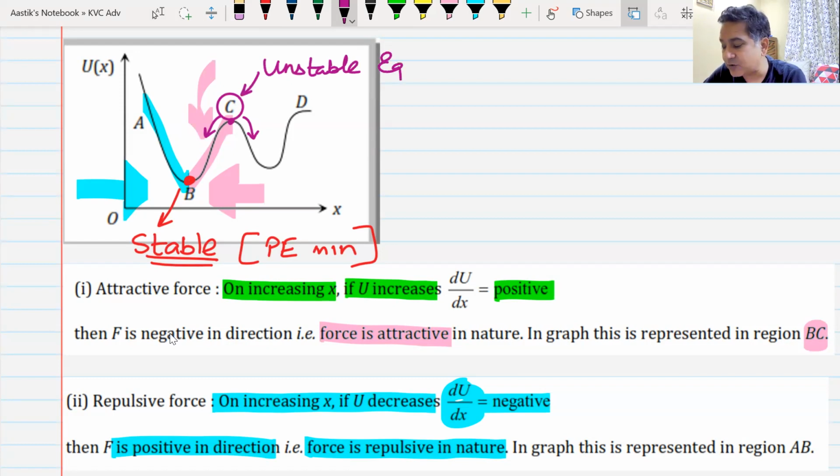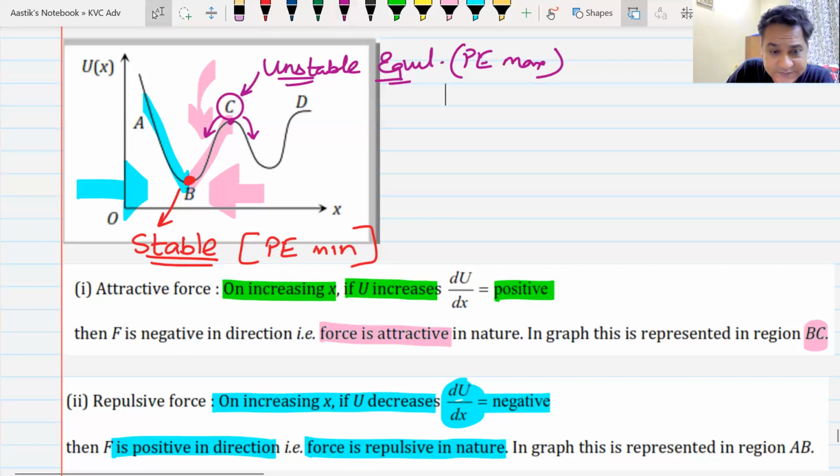You will not come back to point C. Point B, if I push you, you will again come back to point B. But point C, if I push you, you will just go down. This is the point of unstable equilibrium. Your potential energy is maximum. Do we understand this? Yes or no?